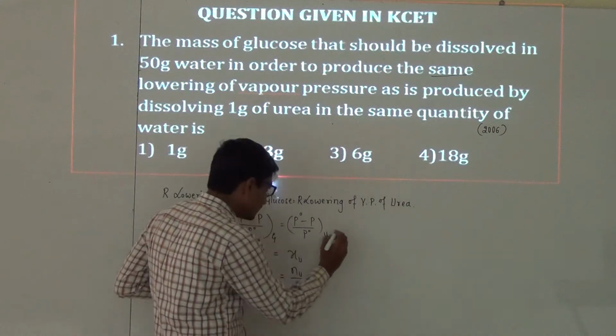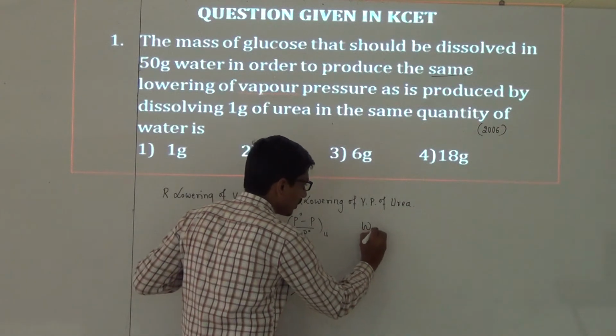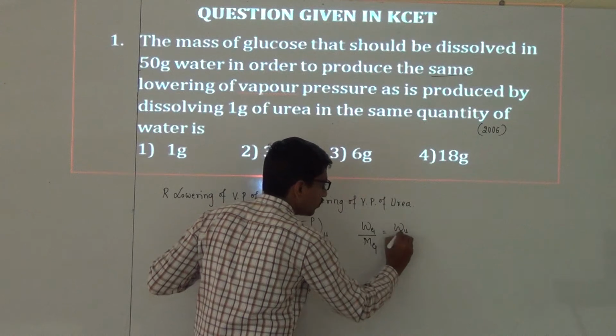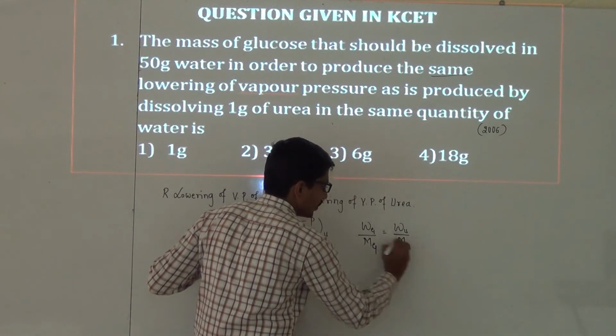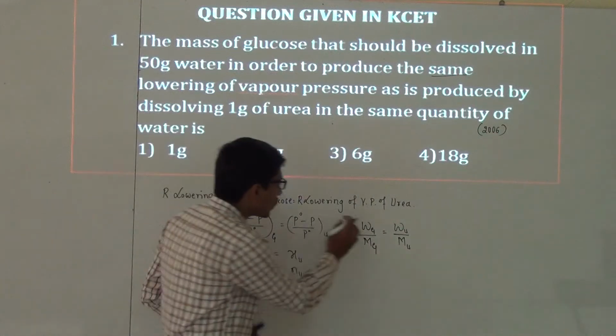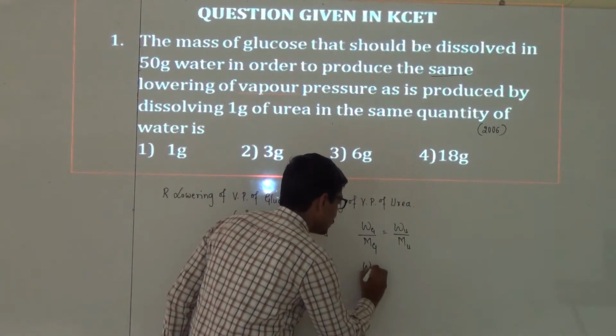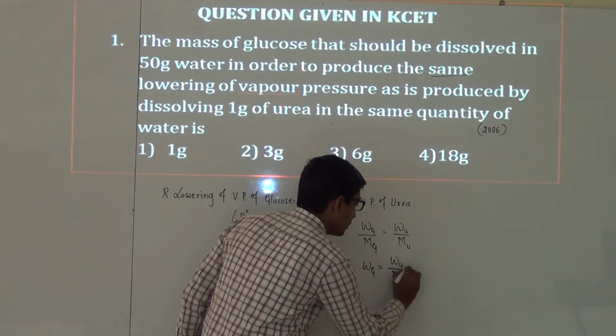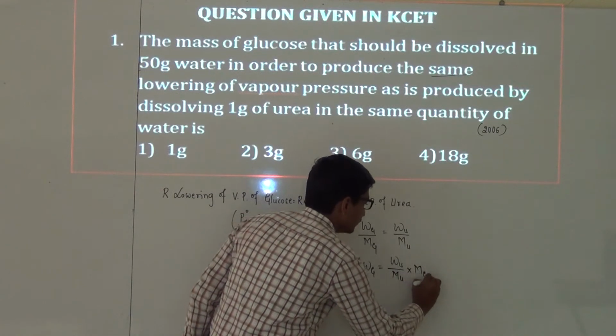Therefore Ng, which is Wg by Mg, is equal to Wu by Mu, and we have to calculate the mass of glucose. Wg is equal to Wu by Mu into Mg.